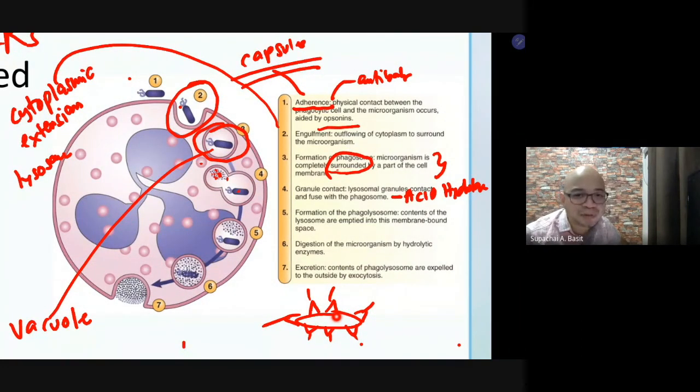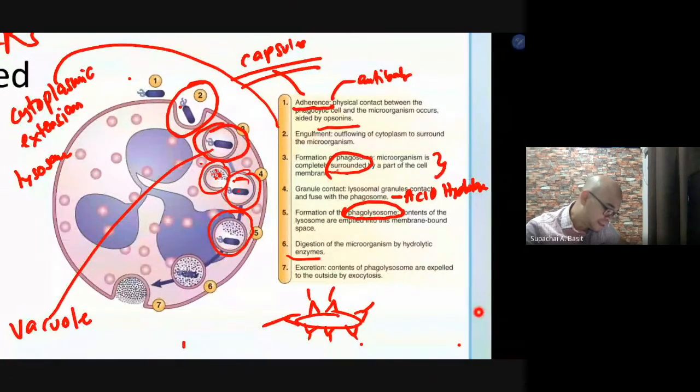It's highly corrosive and has antibacterial properties. So the fusion between the phagosome and the lysosome, they two become one. This is what you call phagolysosome. Meaning to say, the contents of the lysosomes are emptied into this membrane-bound space.